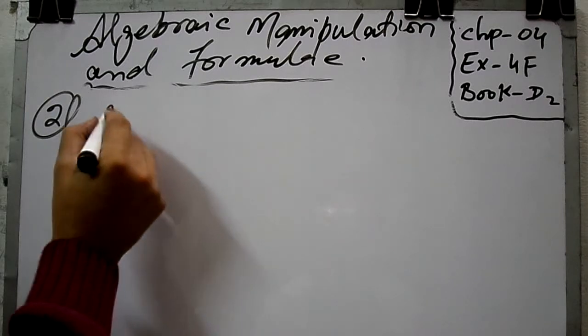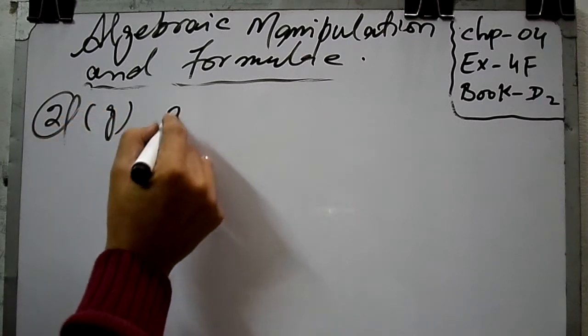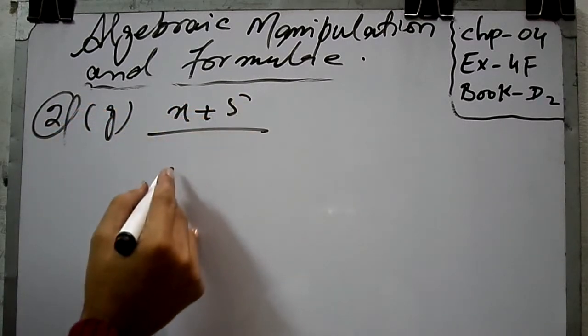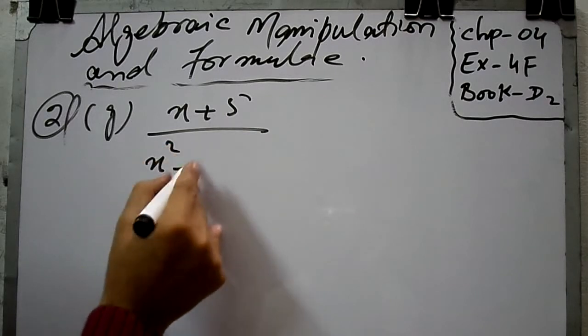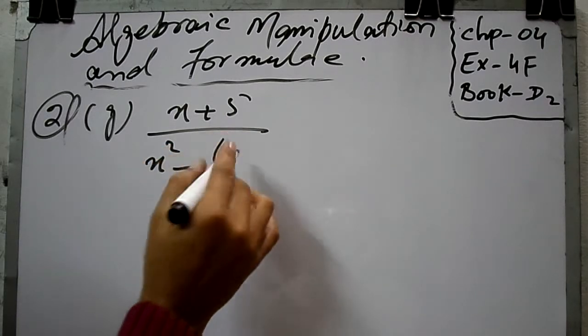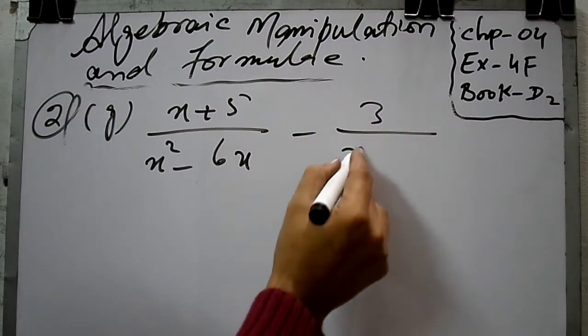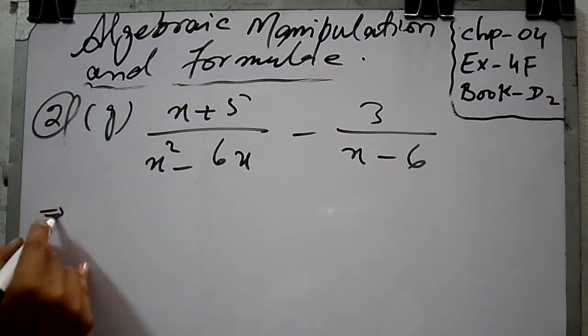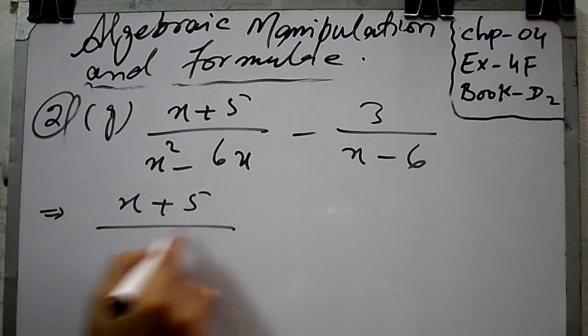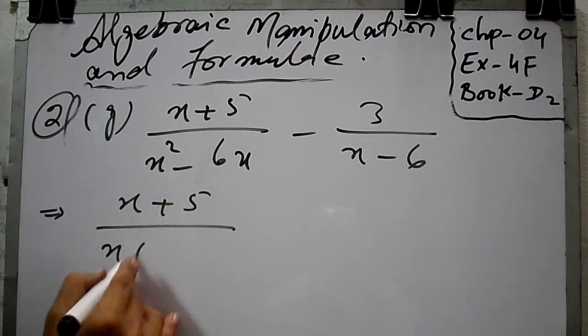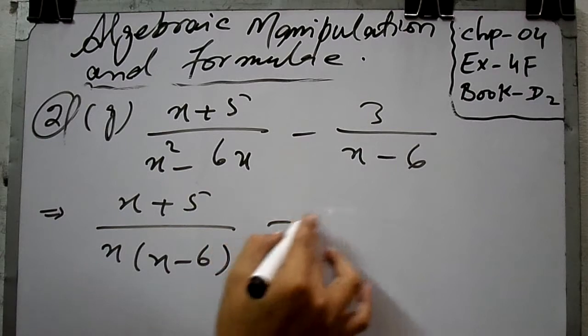The G part, x plus 5 divided by x square minus 6x minus 3 divided by x minus 6. So factorize it, it means you can take common, so x minus 6.